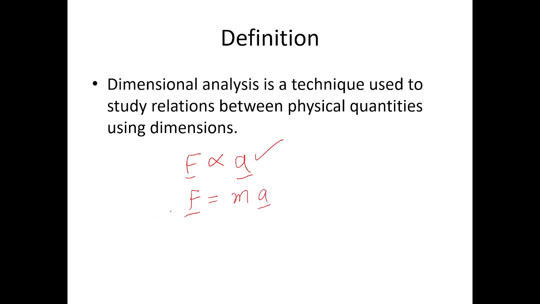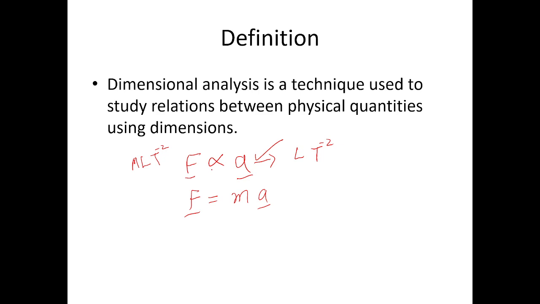In this case, the dimension of F is m for the mass, l for the length, and t square. So the dimension here is MLT minus 2. But on this side we have only LT minus 2. So the dimensions here are not equal.